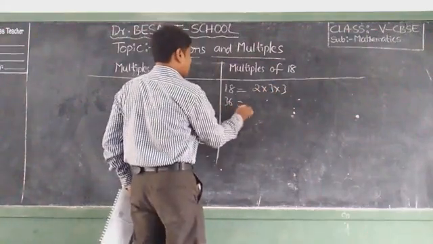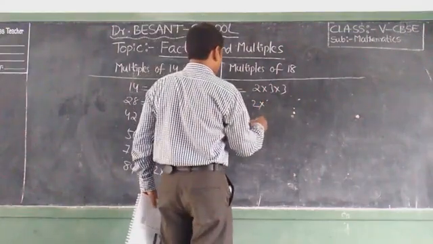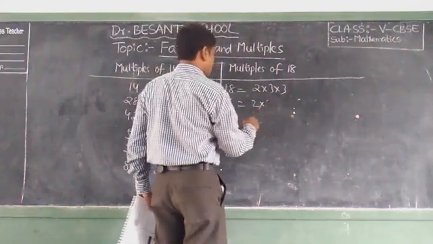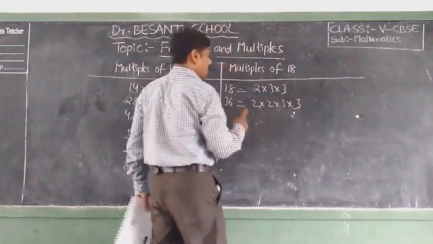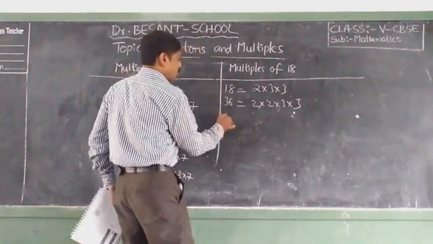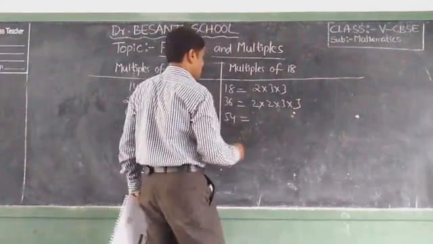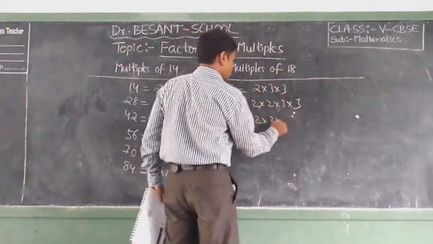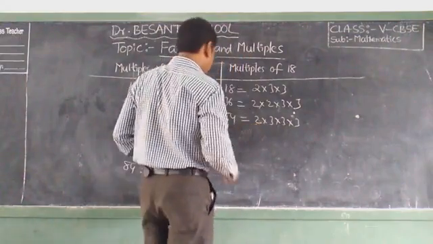36 is equal to 2 into 2 into 3 into 3. 54 is equal to 2 into 3 into 3 into 3.